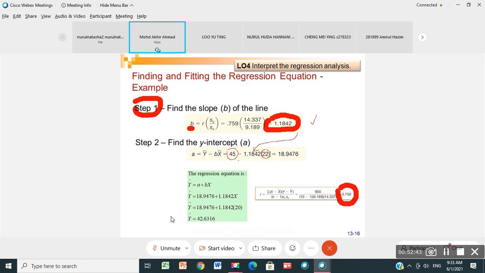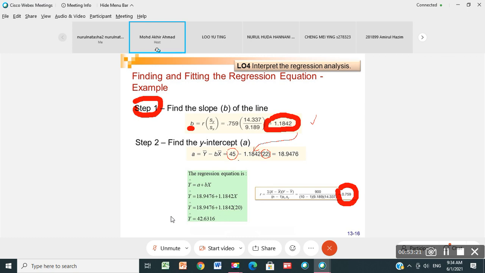So Lu, cuba gunakan kalkulator, dapat tak 18.94? Already get? Dapat.